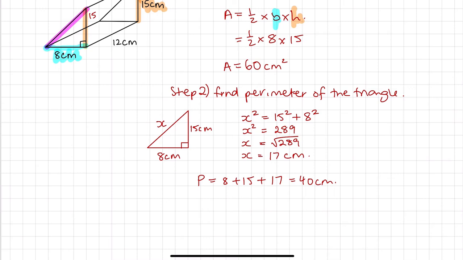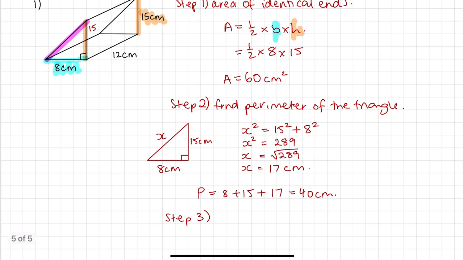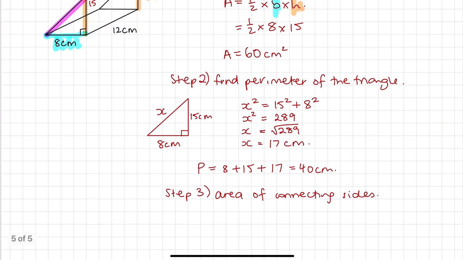Okay, so last step, step 3, we now find the area of the connecting sections, area of connecting sides. Or you do the left side, the right side, and the bottom side if you're using the other method.